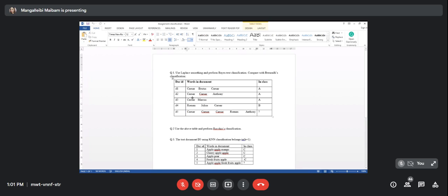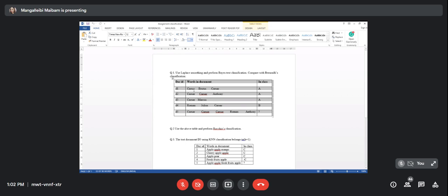So for this assignment, you have to use this table for the calculation of Rocchio's classification.